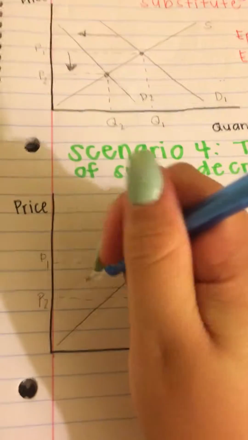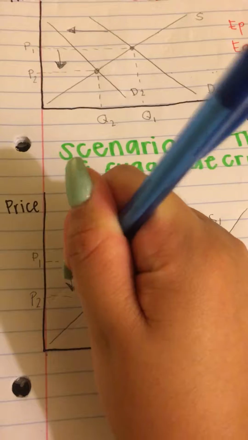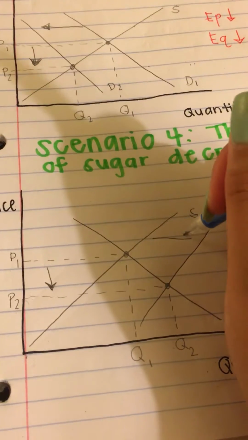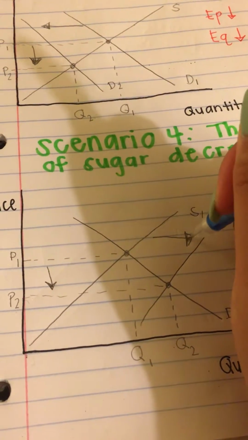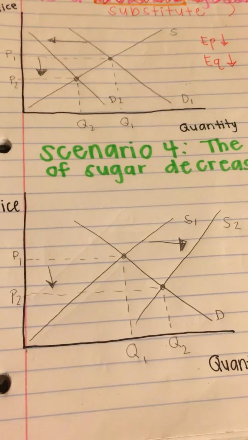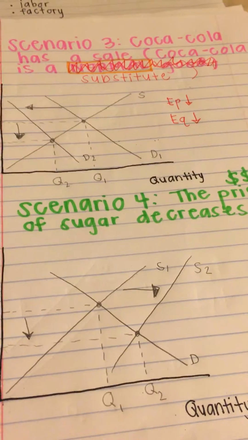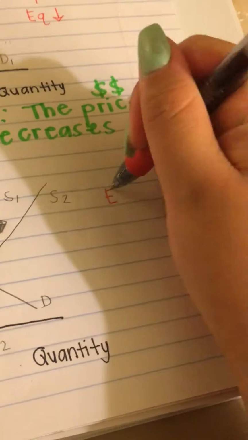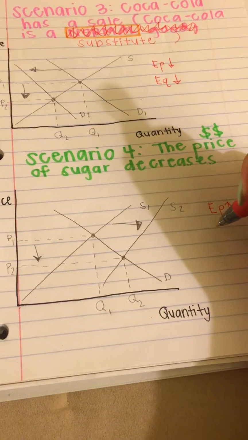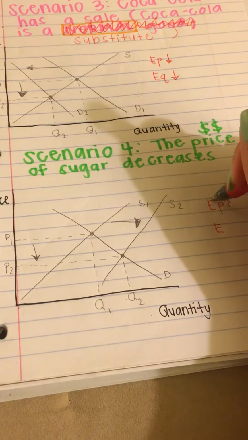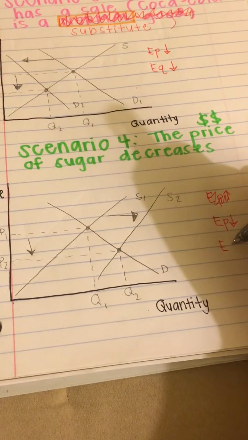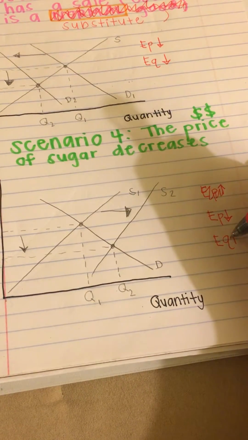So now we have a decrease in the market price and an increase in supply, which is a pretty favorable outcome. So this scenario is equilibrium price goes up, that was a mistake. Equilibrium price goes down and equilibrium quantity goes up.